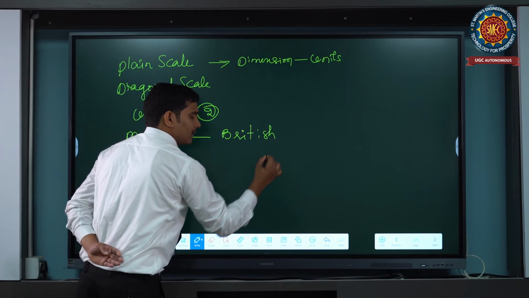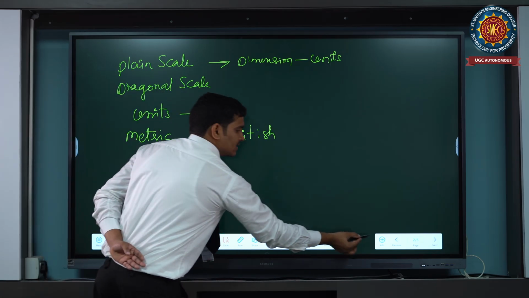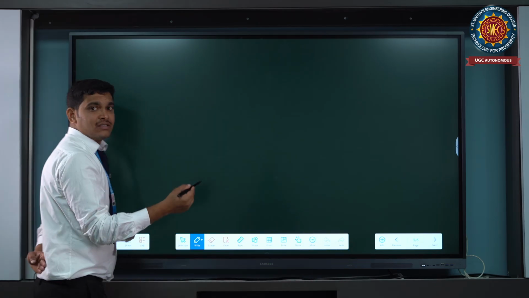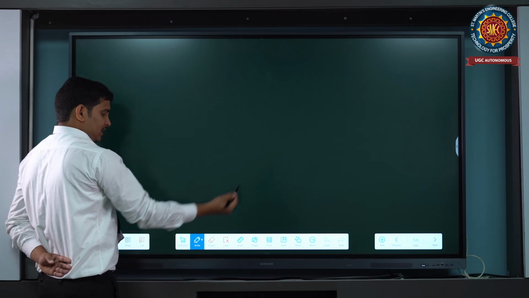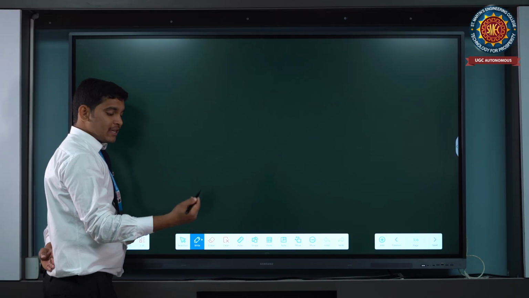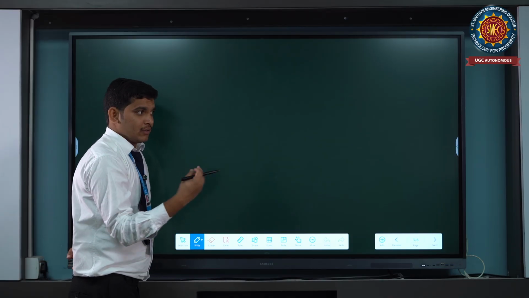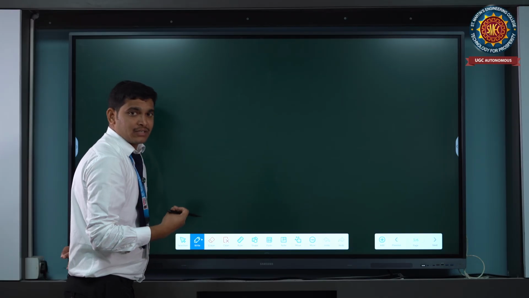Metric is very important. Now all the engineering standards in India follow the metric standards, and the British is different. Like the US, Germany and some other countries follow the British components.